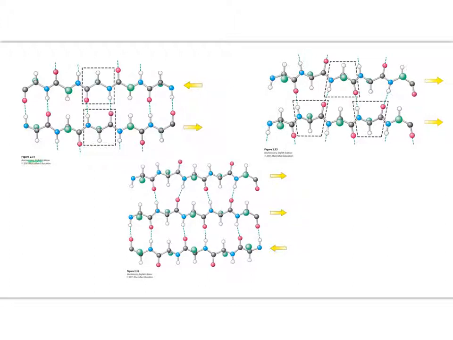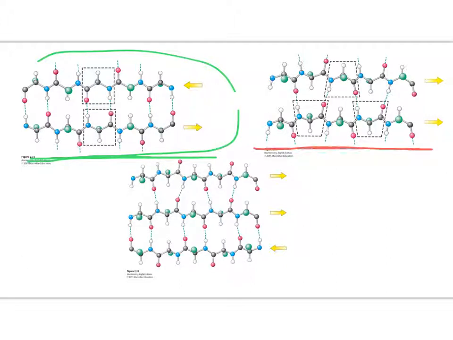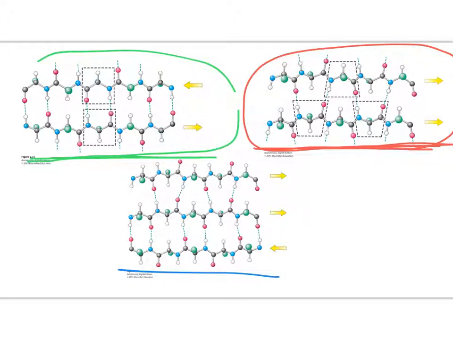So the first portion, these are strands running in opposite directions. So this is going to represent our anti-parallel. Here we have strands running in the same direction. So these are going to be our parallel. And then in the bottom picture here, we see that some are going this way and some are going this way.